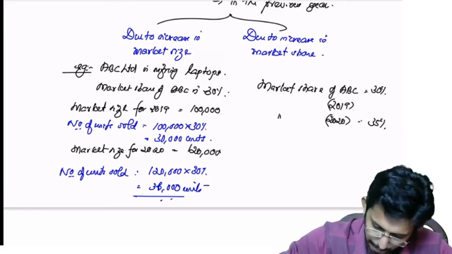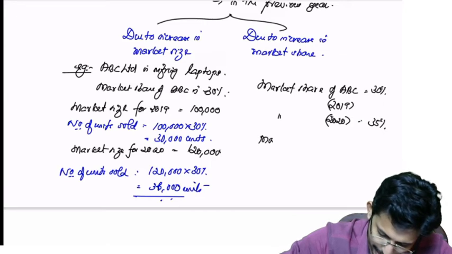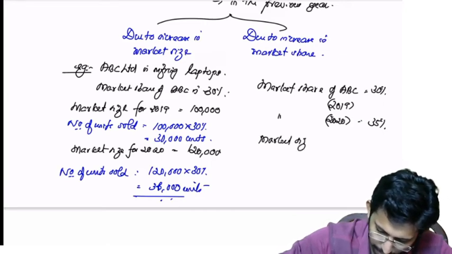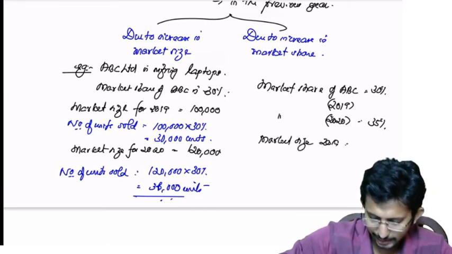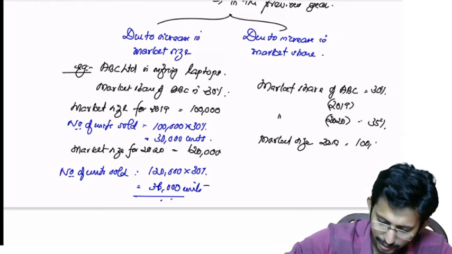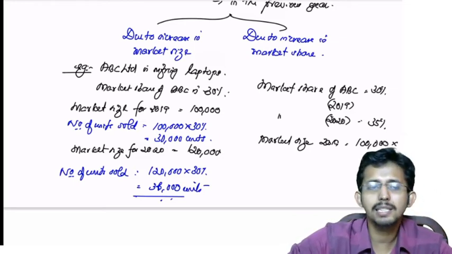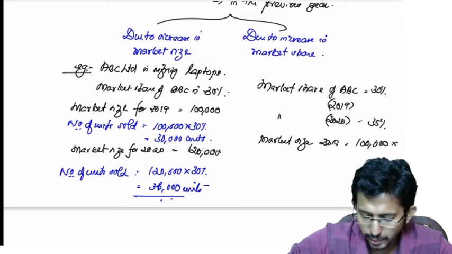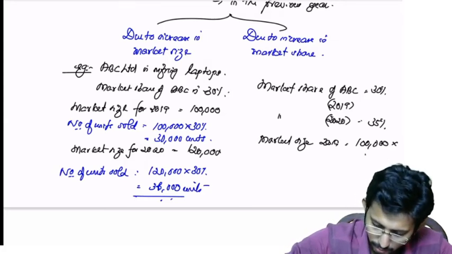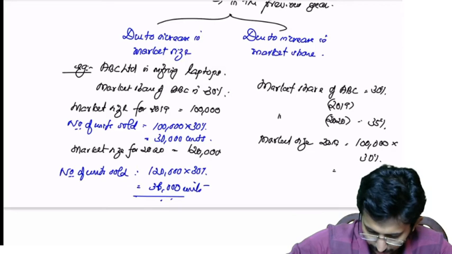So the demand or market size for 2019, it was 1 lakh. If the same market size continues in 2020 also, okay, what is the market share? 30%, that is.